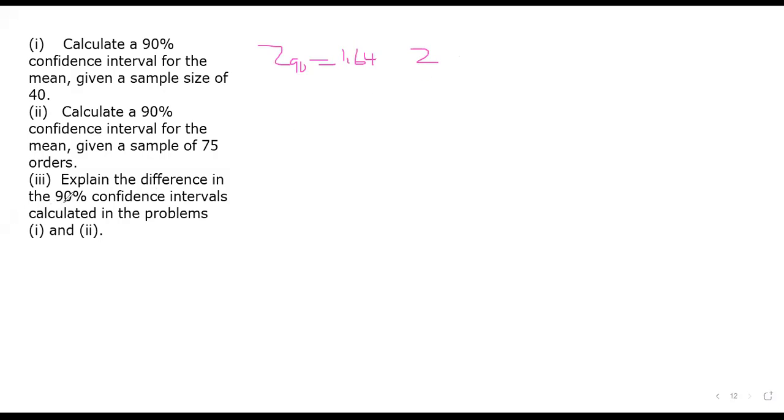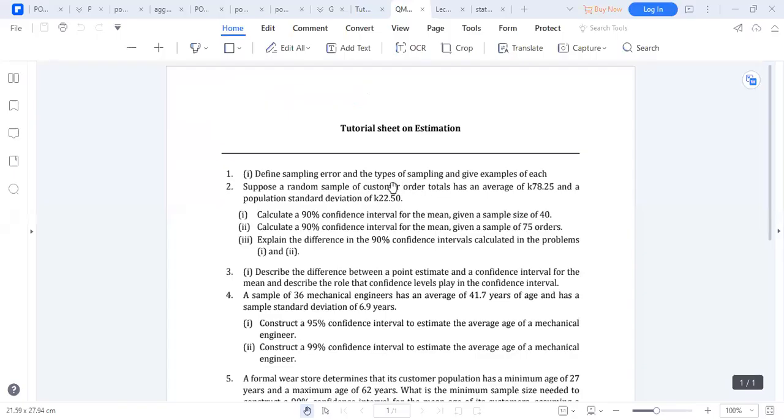We only have one Z, at 90. Then the other thing we've been given is the mean. What else are we given? Our standard deviation.